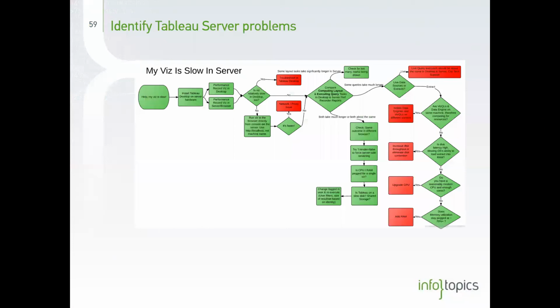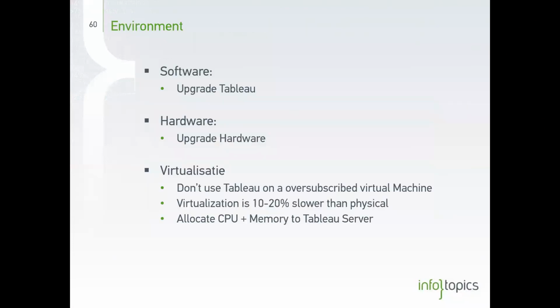But there are three key things to keep in mind if you talk about an environment. There's the server your Tableau server is installed on. If you're on old Tableau software, try to upgrade first. That's just the first rule, just upgrade. And after that, you can do more investigation. If you have old hardware, so if the server is getting old, keep in mind that Tableau is a highly interactive visualization tool.